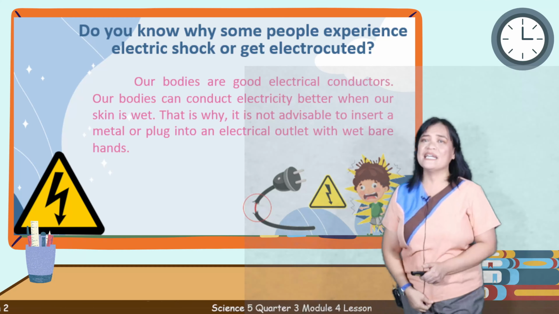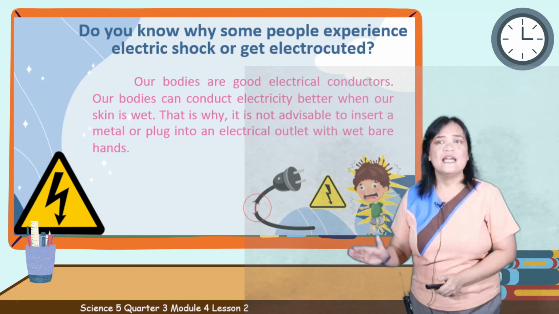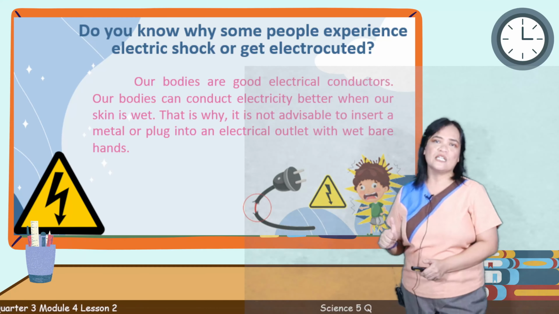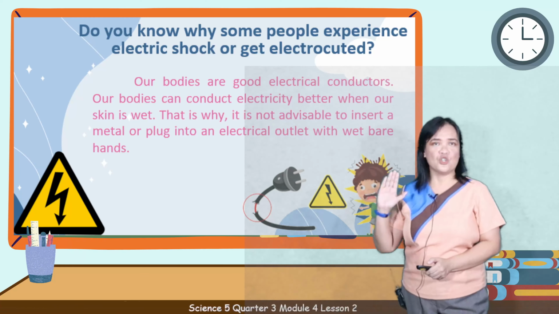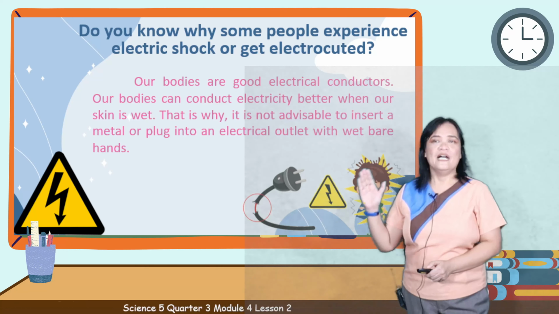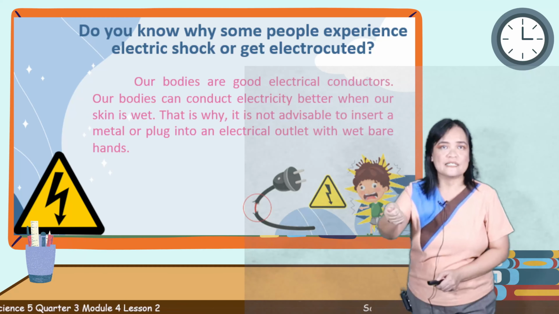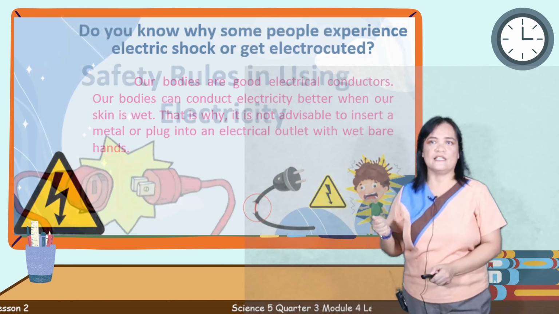That is why it is not advisable to insert a metal or plug into an electrical outlet with wet, bare hands. So don't do that, okay? Don't insert any metal into the socket. You might get electrocuted.